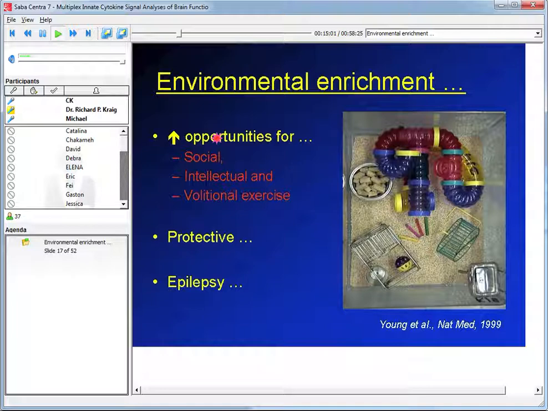Green doesn't show so well. And what we found was that after a month in environmental enrichment, and then 5 hours after kainic acid injection, the number of cells per section were 117 in the unenriched and down to 23 in the enriched animals.